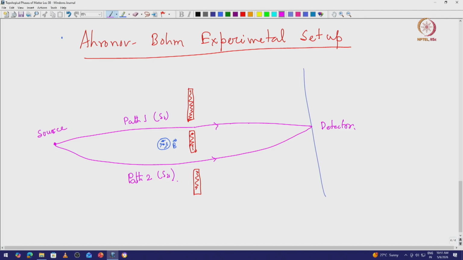So, as the electron passes through path 1 and path 2, and then you take a linear superposition of those two, I will show you that it is equivalent to forming a loop from here and there, and that should track whether it has seen a magnetic field or not, and that is how one should be able to determine the Peierls phase.